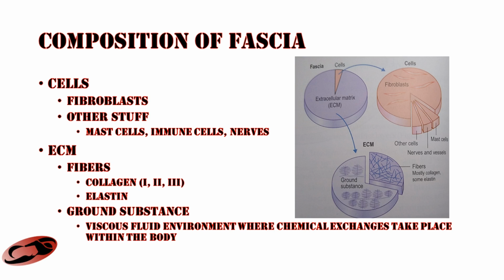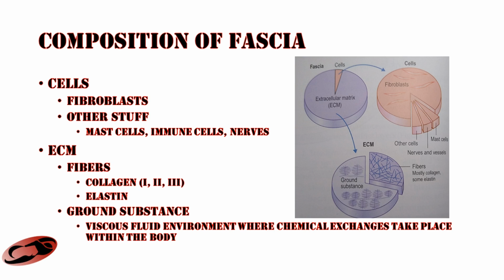So type 3 fibers can be considered to provide the structural scaffolding for things like arteries, organs, the periosteum, which is the connective tissue that surrounds bones, and things like that. Type 1 fibers are more like the tendons, ligaments, and aponeurotic fascia.